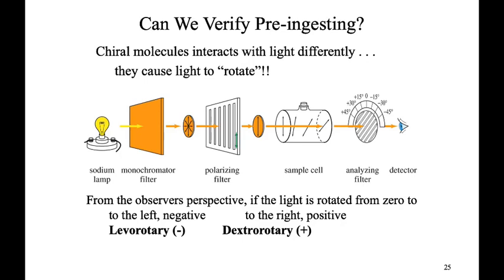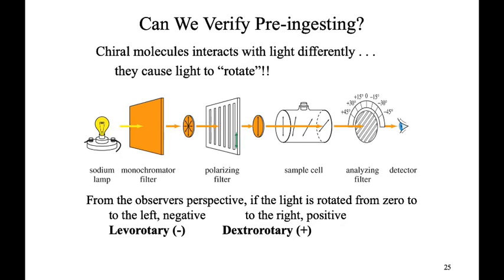So if we go through and look at how that light rotates, because I can't call R and S, I have to invent a new naming system. And we call it levorotatory and dextrorotatory. Not to be confused with capital L and capital D, because those mean different things. This would be lowercase l and lowercase d, or negative and positive. For those being like, what the? I agree.